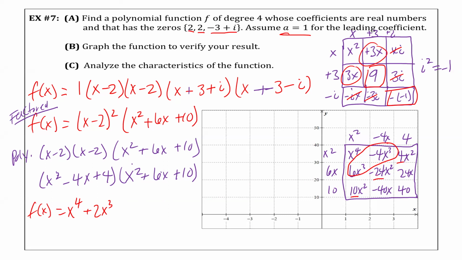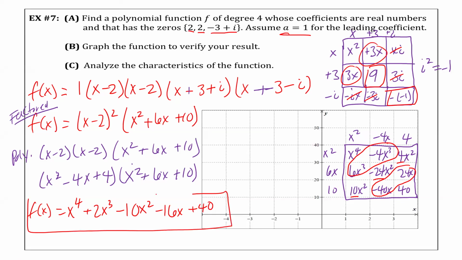What's 10 minus 24? Negative 14 plus 4, negative 10. So minus 10x squared. And then on my x's, I have negative 4, negative 40, and positive 24. Negative 20x. And then my constant is plus 40. And there's my polynomial form. So we had factored and now we have polynomial.